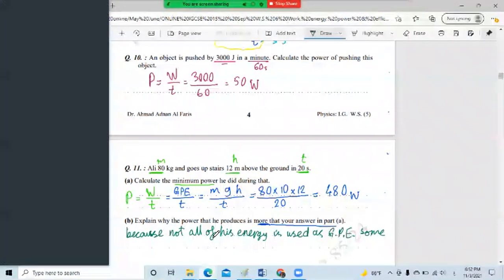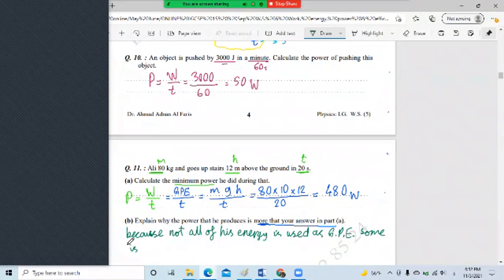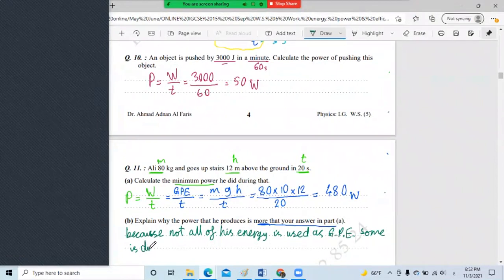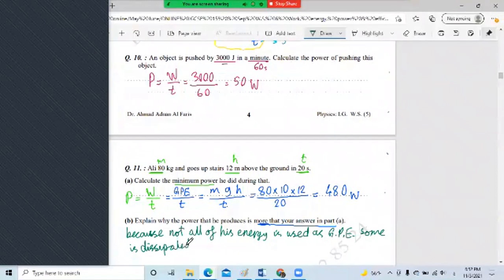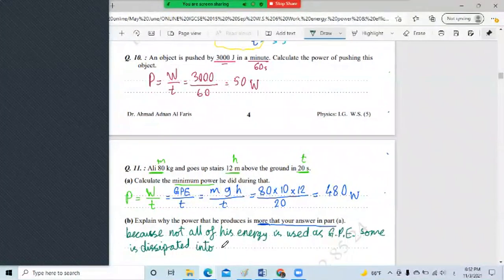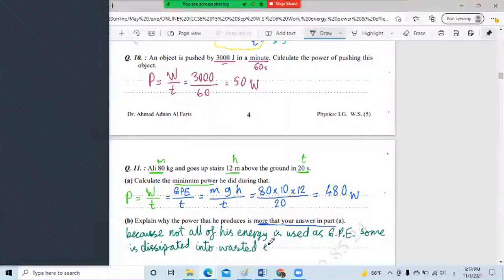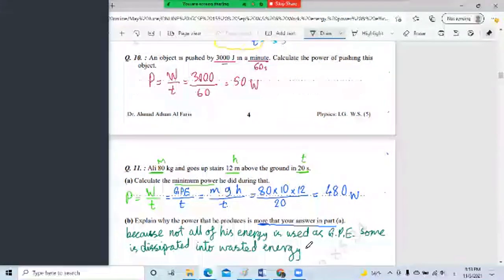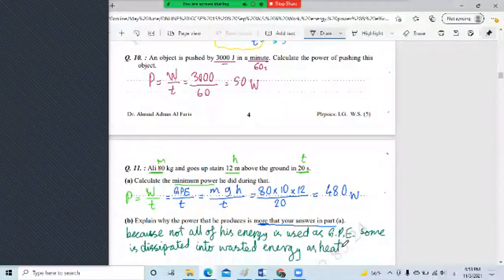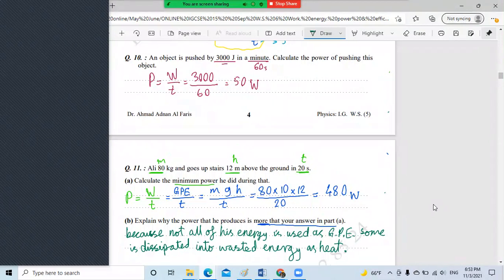Some is dissipated into heat, into wasted energy as heat. Good.